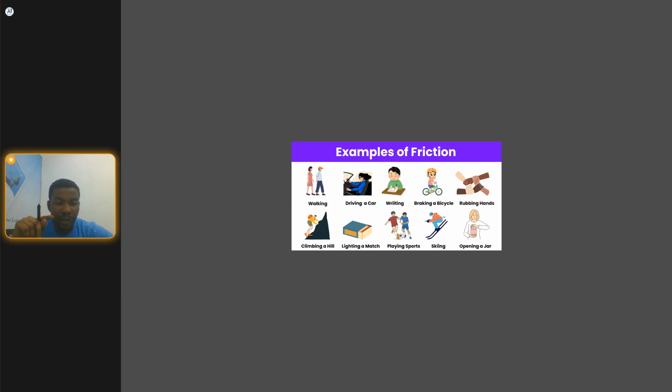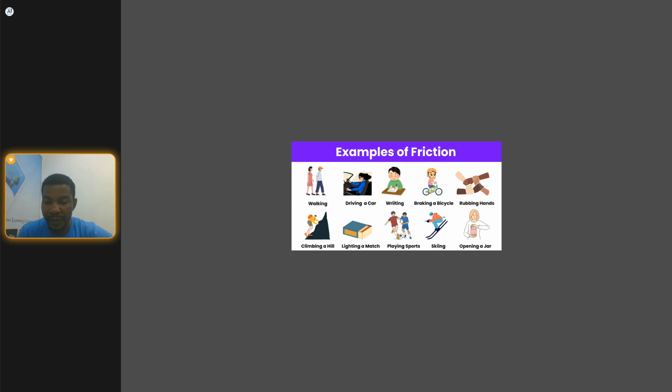If your tire is not rough enough, friction might not take place, and for the car to stop, it might take a longer period of time. So you see why the tires are designed that way: it is to enable the brake to function through friction.